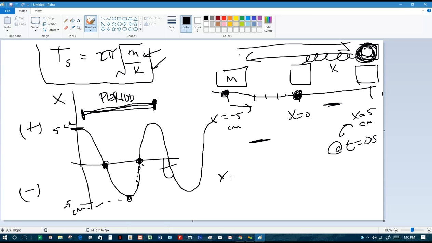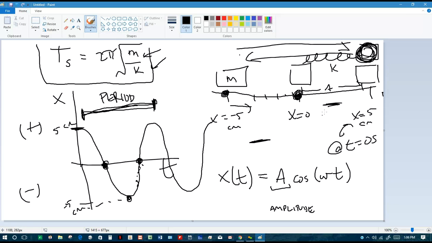An equation that models this, x as a function of time, would be A cosine omega t. A is your amplitude. Again, it depends upon how far you've drawn it back before releasing it from the midline. So amplitude would go from here to here. And that number for amplitude goes here.